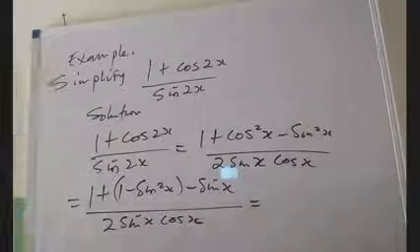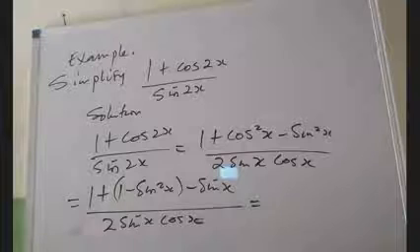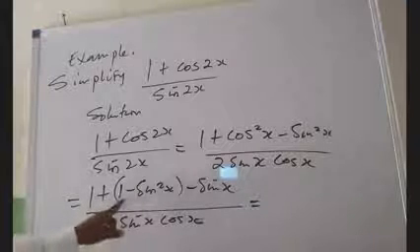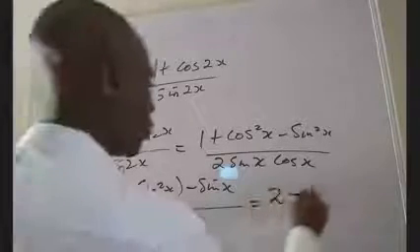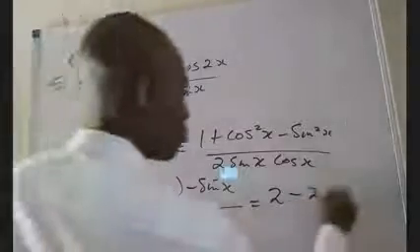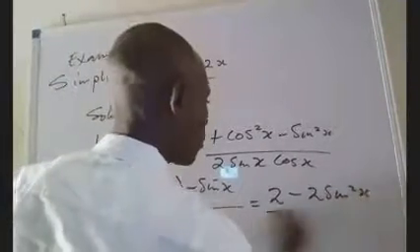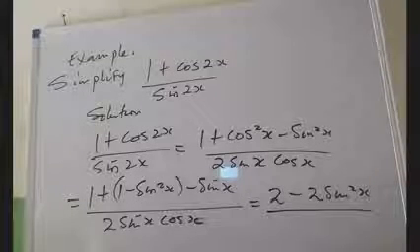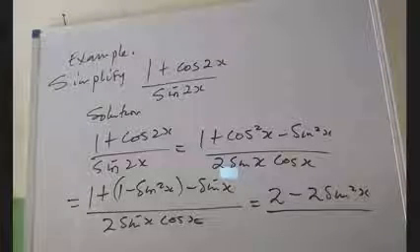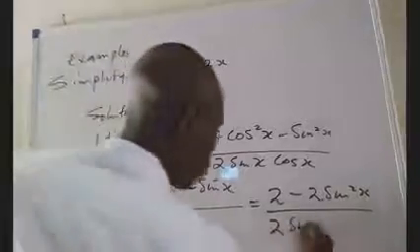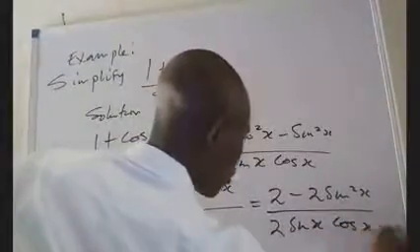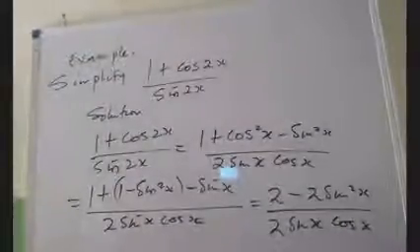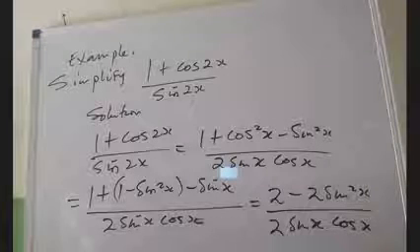If you simplify this, 1 plus 1 is 2, so we have 2 minus 2 sine square x over 2 sine x cos x.